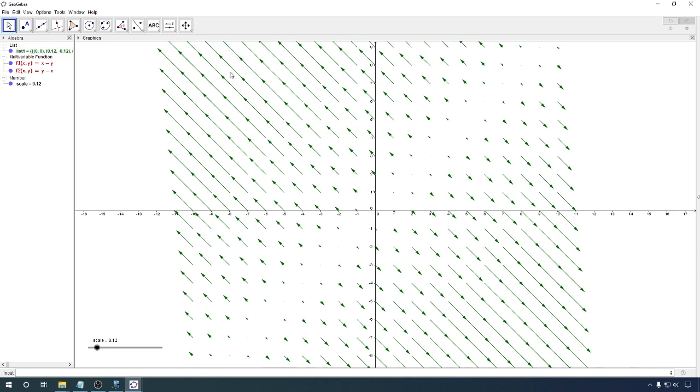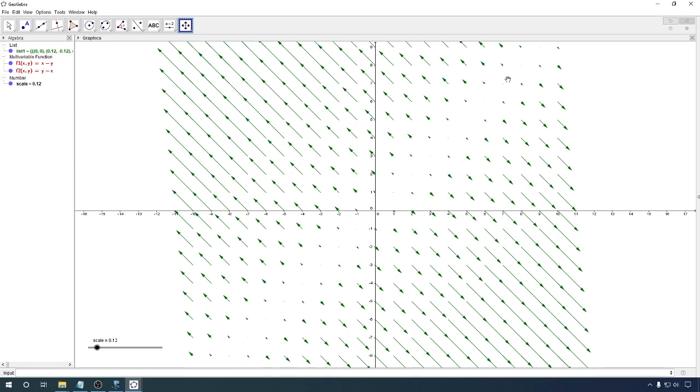So at every point, we have the vector pointing away from that point by whatever magnitude we have, and we kind of get an idea of what is going on. So one thing we can tell already is that everything's pointing away from the line y equals x. All of those along the line y equals x, if you can see them, are little dots.